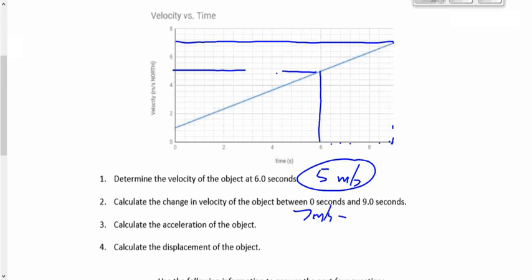That's our final velocity at 9 seconds. At 0 seconds, our initial velocity is 1 meter per second. So we're going to say 7 minus 1 is 6 meters per second.